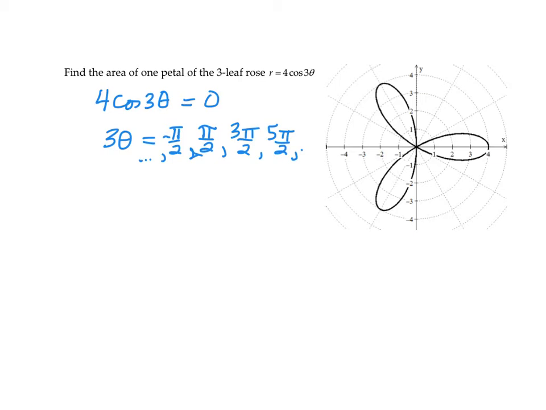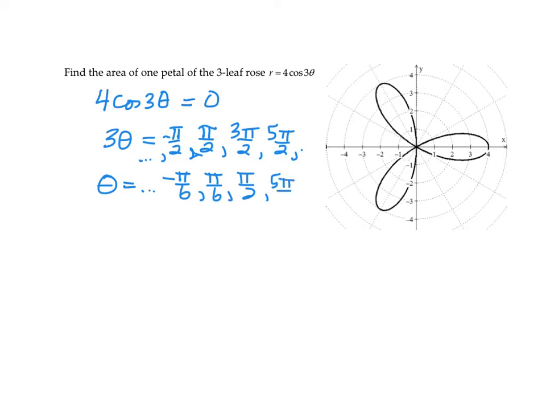Basically, what I need are two adjacent solutions to this equation. And I'm not quite finished yet because I haven't solved for theta. I've got 3 theta, so let's solve for theta. So theta is negative pi over 6, pi over 6, 3 pi over 6, which is pi over 2, 5 pi over 6.